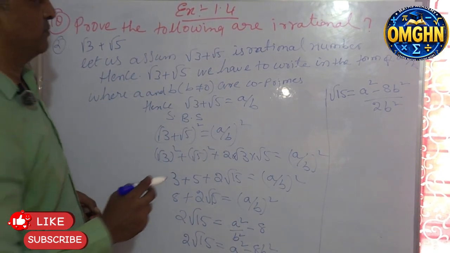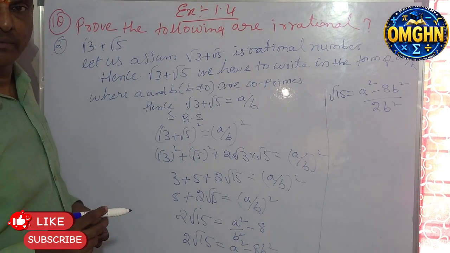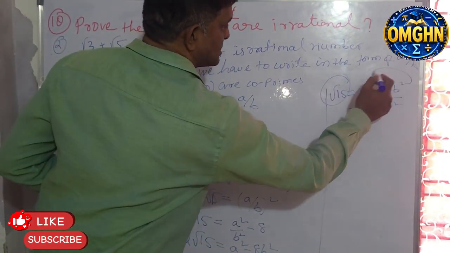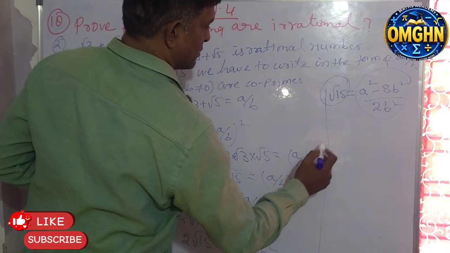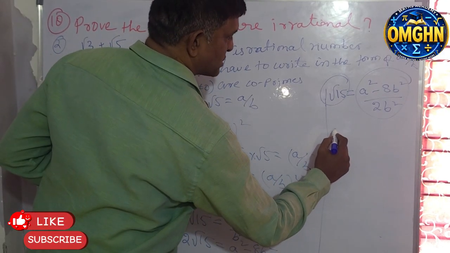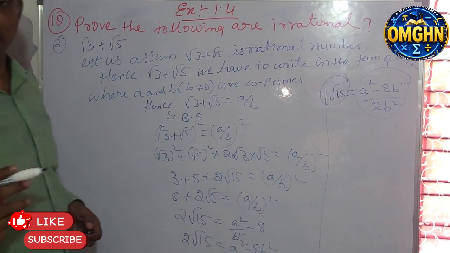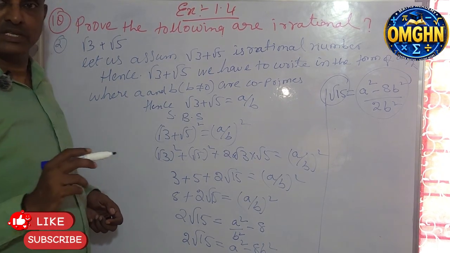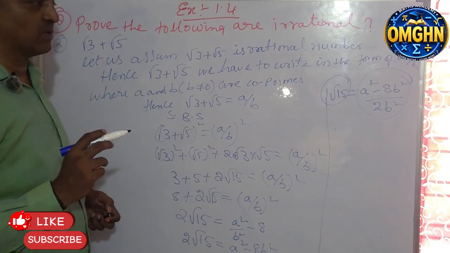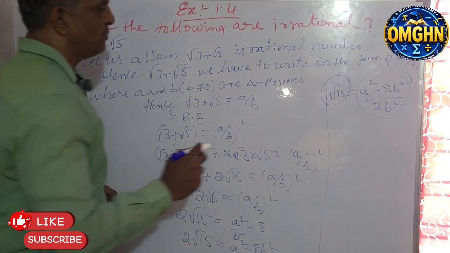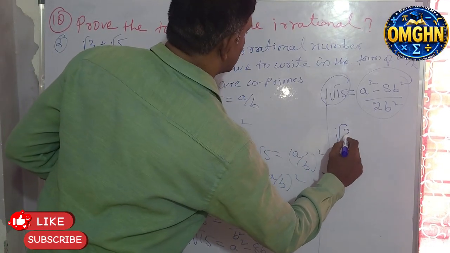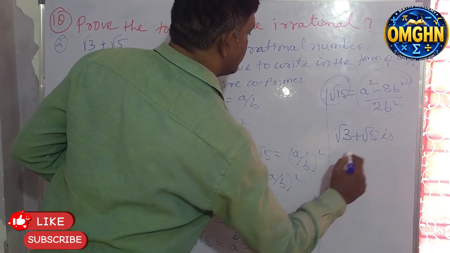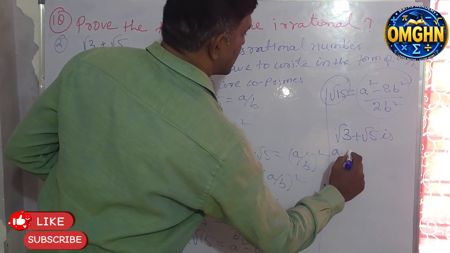Here also same. Root 15 is an irrational number and this is a rational number. So a rational number and an irrational number are not equal. So our assumption is wrong. This is a contradiction. So root 3 plus root 5 is an irrational number.